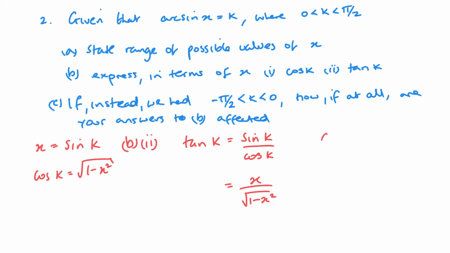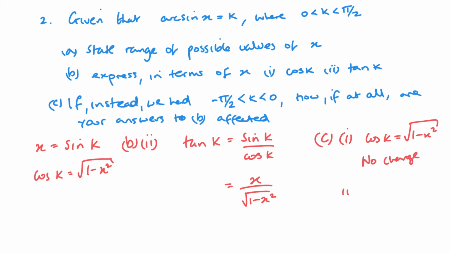Now, for part C, if we're looking at our answers, so if it's between 0 and minus 90 degrees, this is that fourth quadrant. Cos is positive in there, so cos k would still equal the square root of 1 minus x squared, and it'd still be positive, so no change.